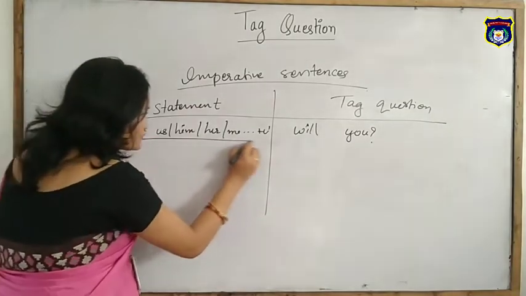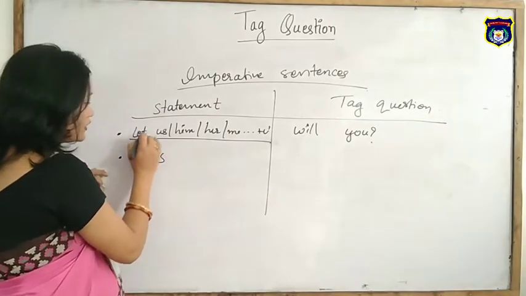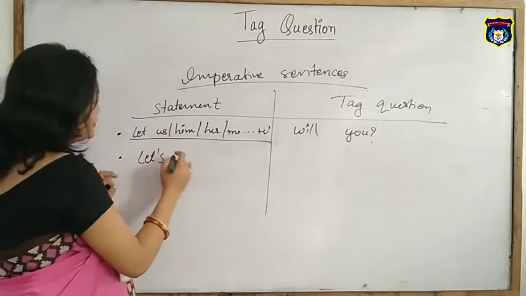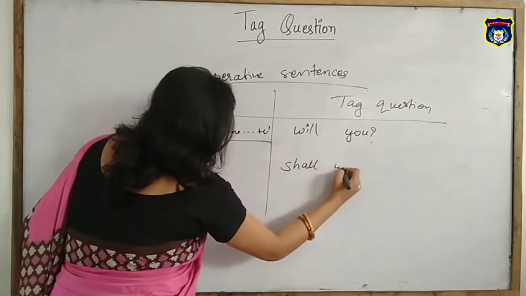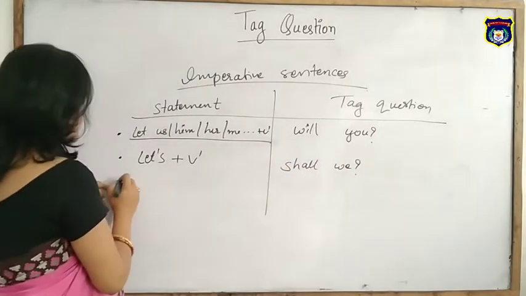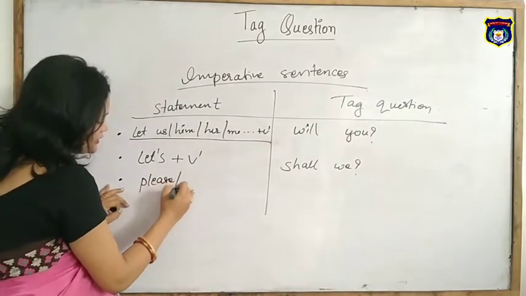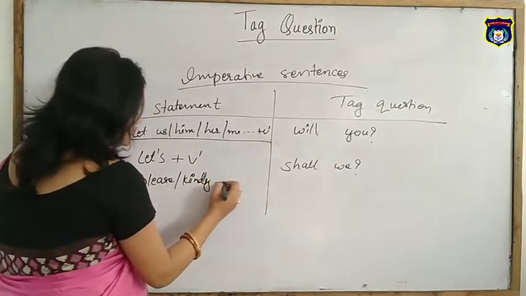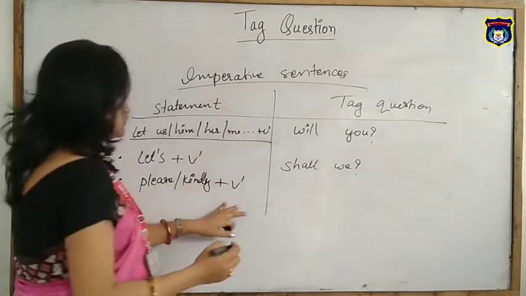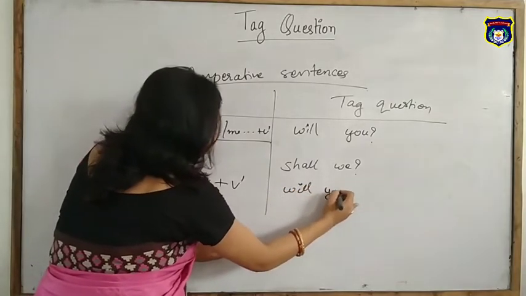If the statement is started with this, in the same way, if it is started with let's, not let us but let's, plus V1, then shall we. In the same way, if it is written please or kindly, we all know that these are the requesting words, plus V1, then at that time also we are going to put here will you.